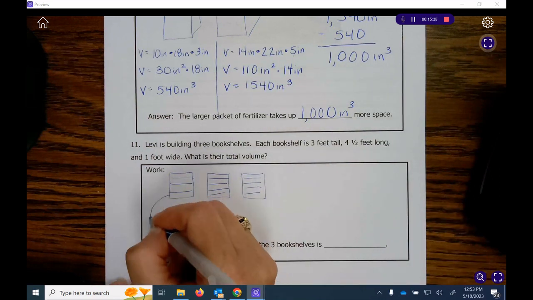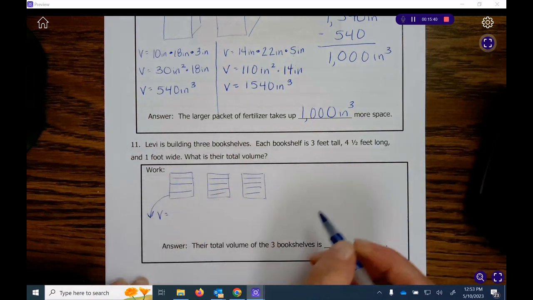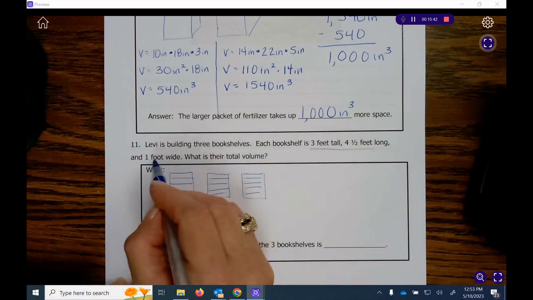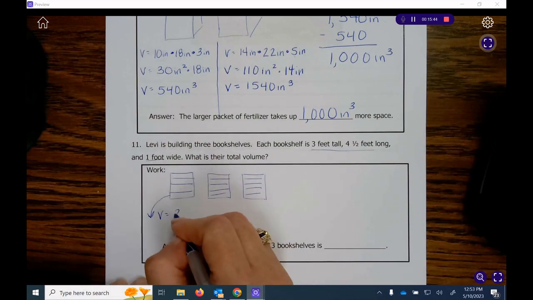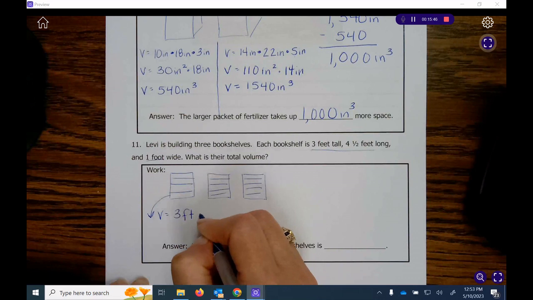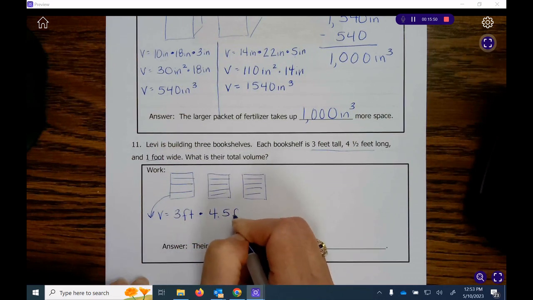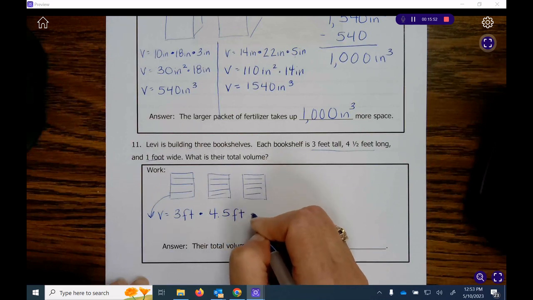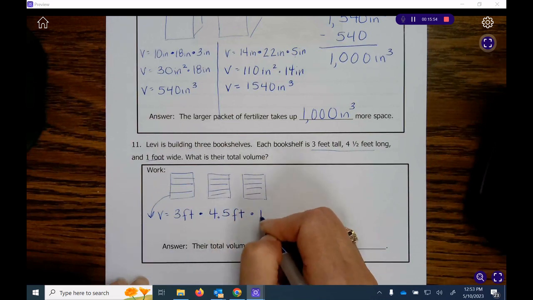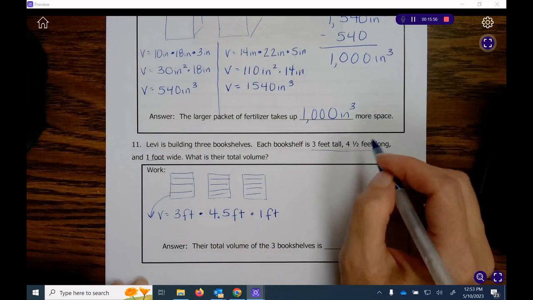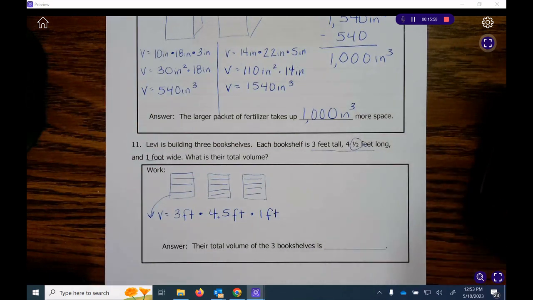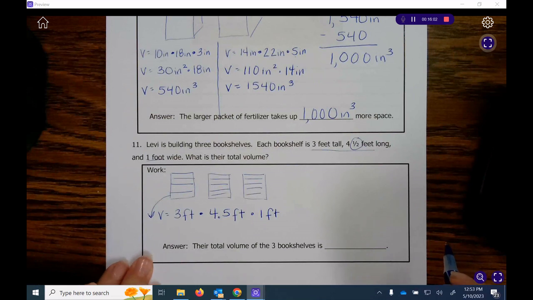So the volume of one of the bookshelves would be 3 feet times 4.5 feet times 1 foot. You can choose to write this as a fraction or a decimal. Since it's half, it's easy to change to a decimal.